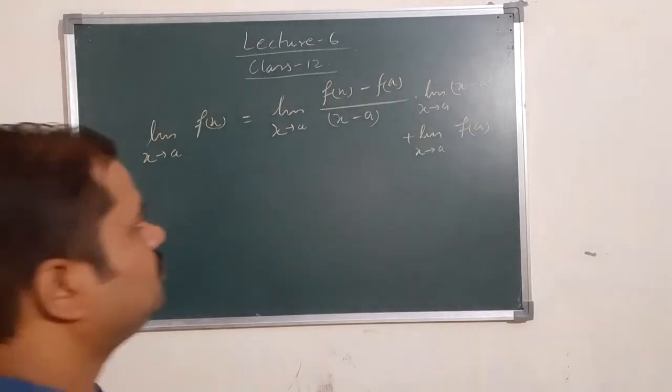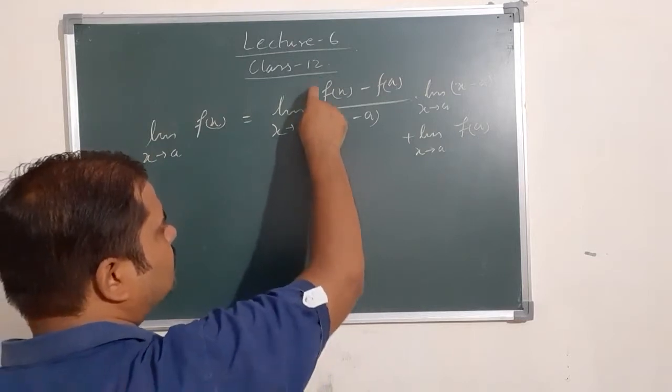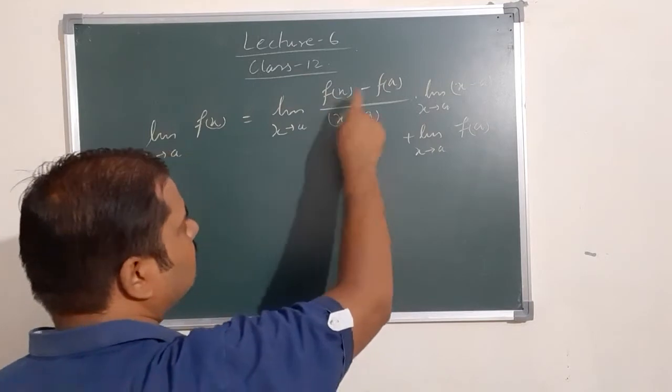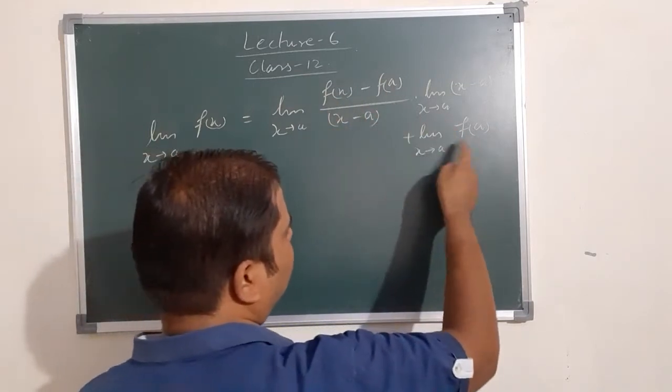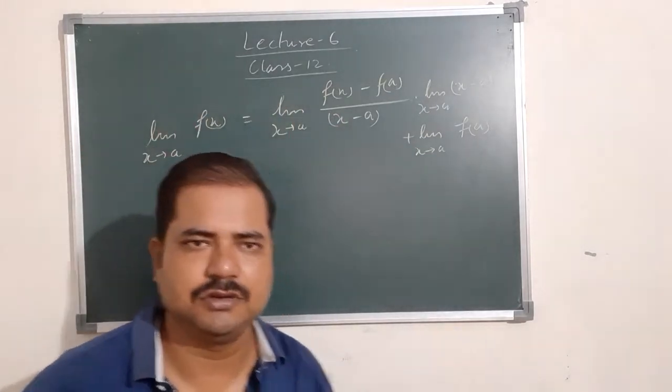Why? Because if we apply the algebra of limits, this cancels out: limit x tends to a f(x) minus limit x tends to a f(a), and this is the plus. So the whole equation is balanced.